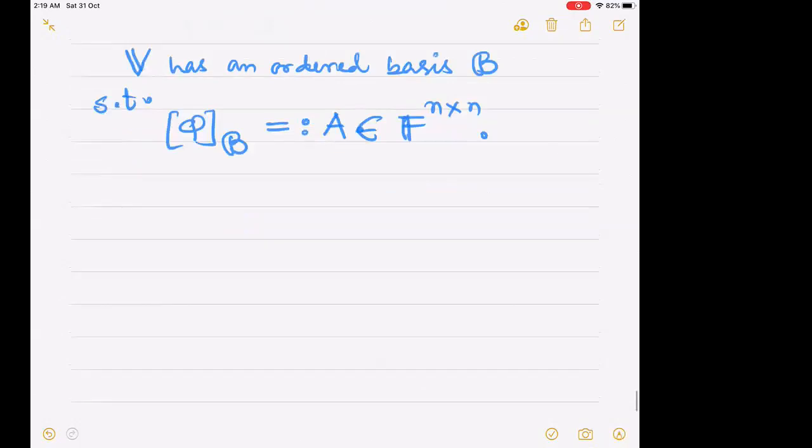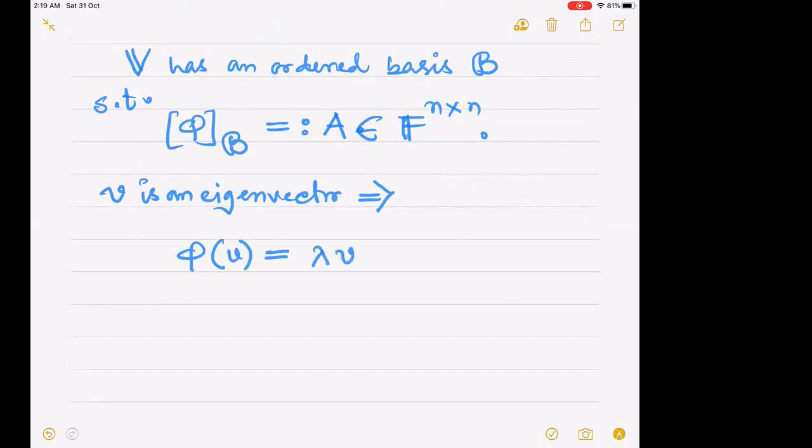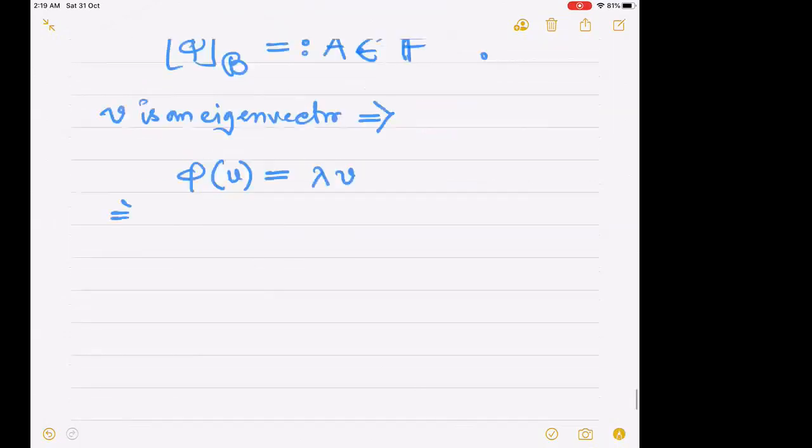Now, if v is an eigenvector, then this implies phi acting on v is lambda times v, right? Which then means lambda identity minus phi, this linear operator, when it acts on v, produces 0.